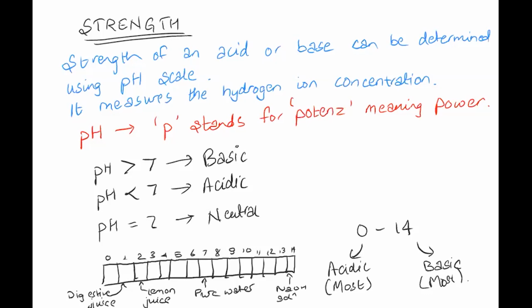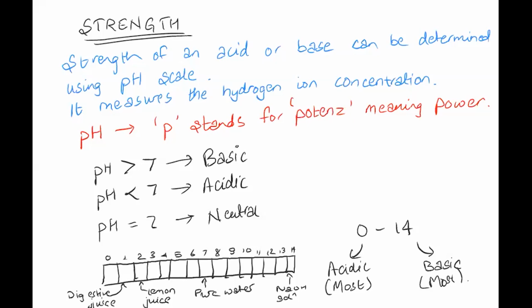So the strength depends, for acids, upon the number of H plus ions produced, and for bases it is the number of OH minus ions produced. Now suppose we take two acids, hydrochloric acid and acetic acid, and take the same amount of both.